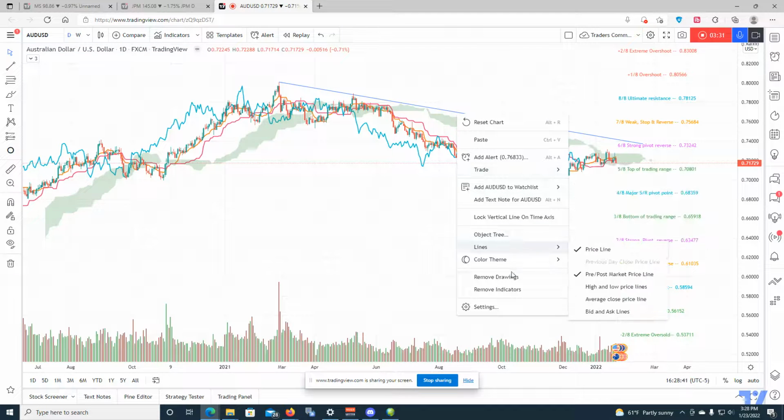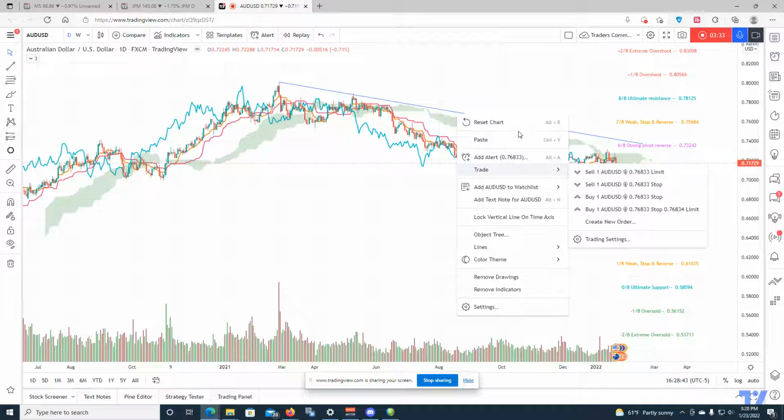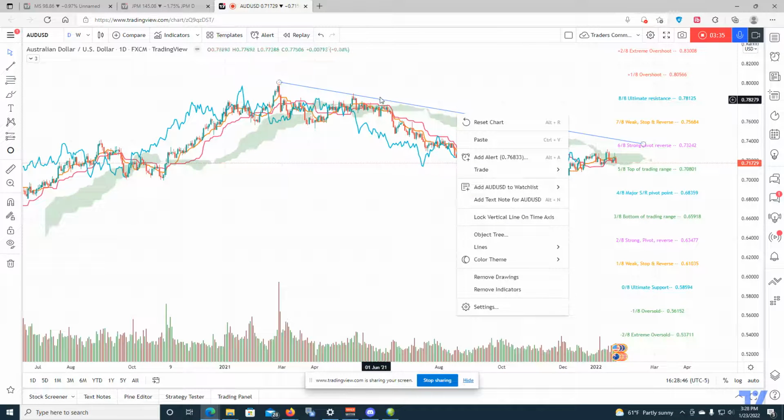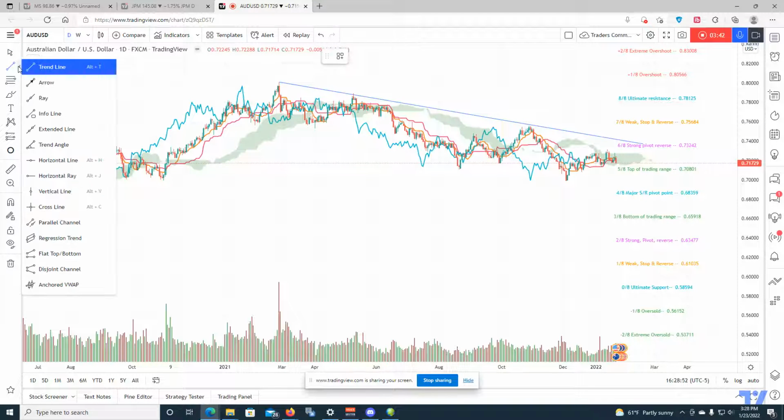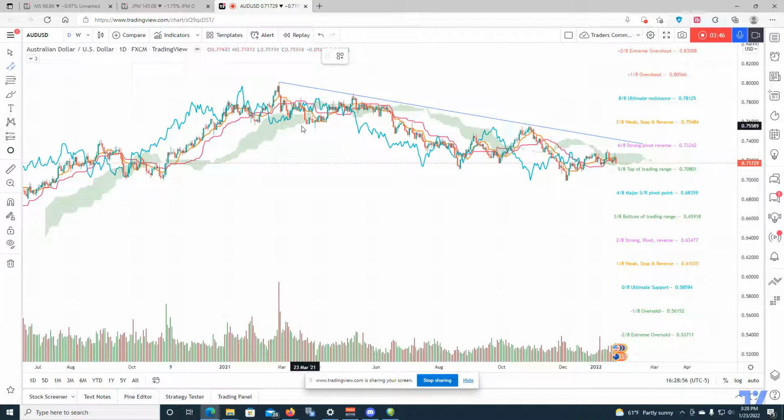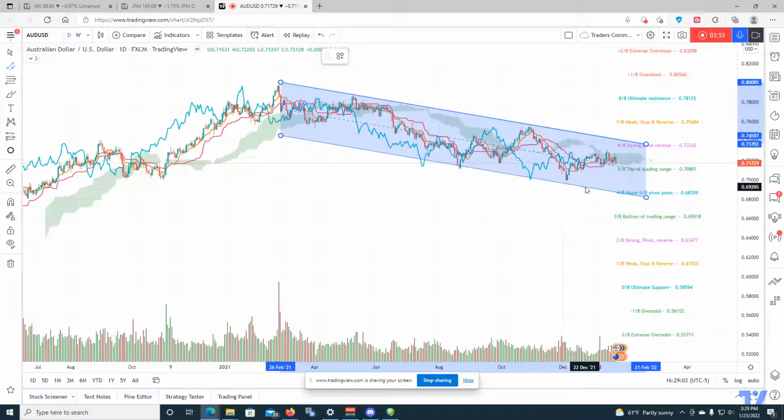Where are we? I'm still getting used to this platform, so forgive me for that. But we're going to just do another line. Might be the easier way to do this. I was actually looking for the parallel channel. There we are. That's exactly what I was looking for.